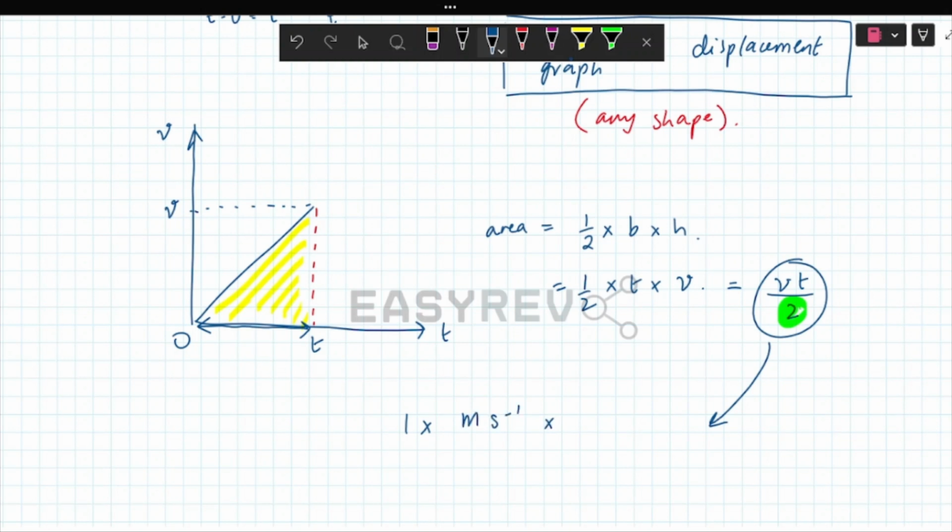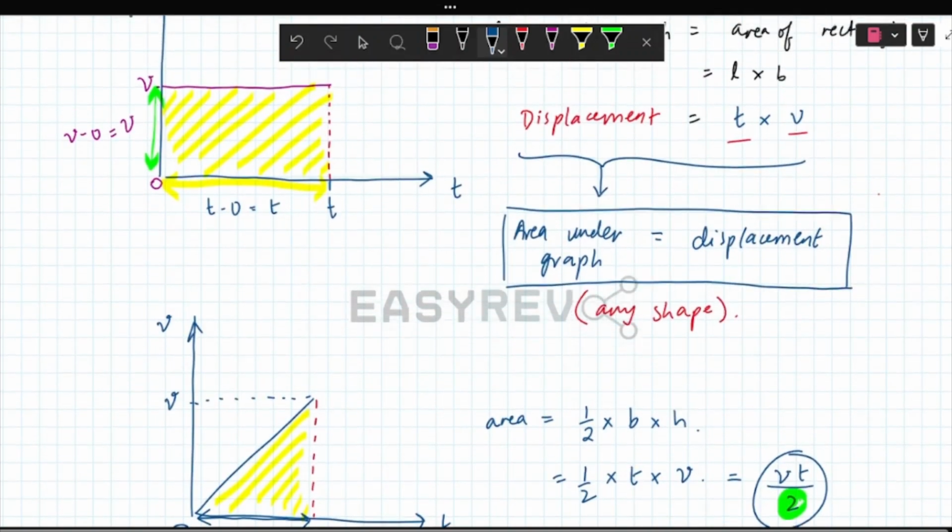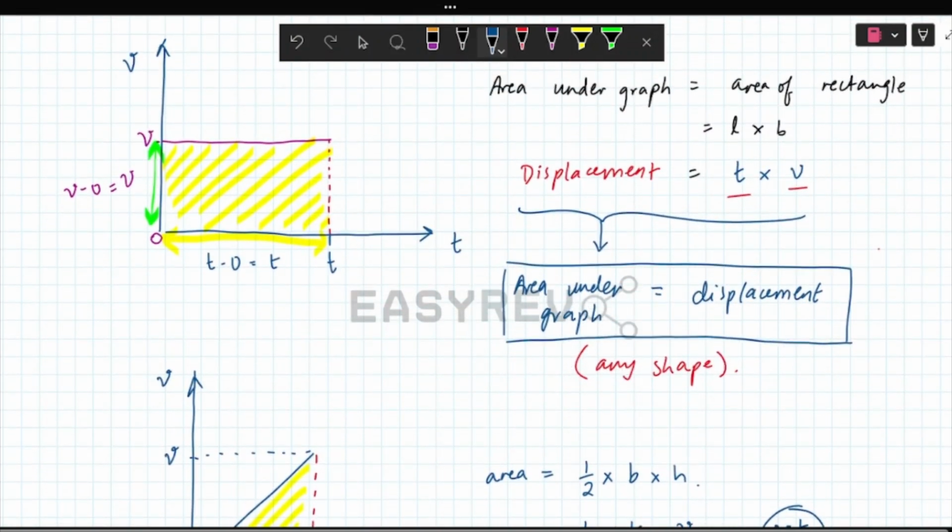And then for time, I know it's second. Second and second inverse cancel out and you're left with units of meters, which is basically the unit of displacement. So it's completely valid for us to claim that the area underneath the graph for a velocity time graph specifically will always equal displacement regardless of the shape of the graph.